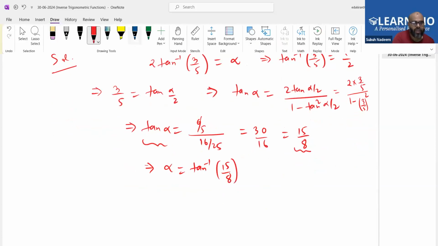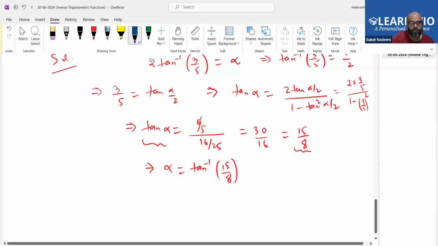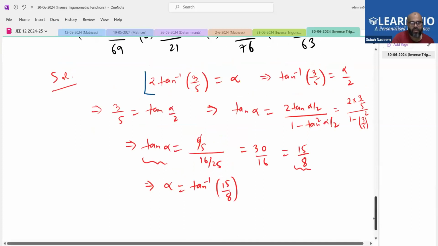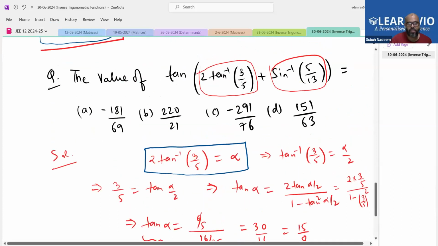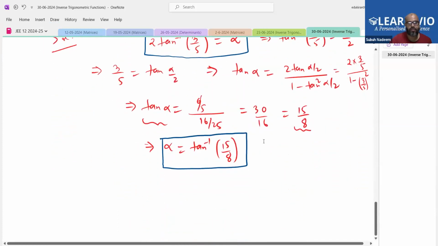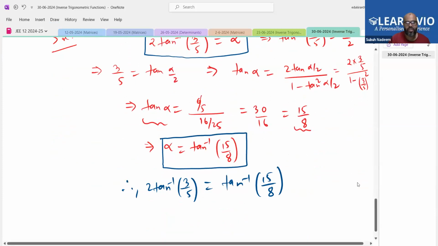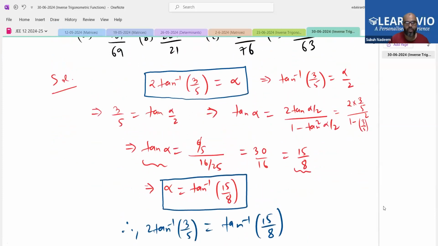Basically, what we have done here is we took 2 tan inverse 3 by 5 as alpha, and also we got alpha is equal to tan inverse 15 by 8. Therefore 2 tan inverse 3 by 5, which is alpha, can also be written as tan inverse 15 by 8. So the first term we have changed into tan inverse form. So first write this.